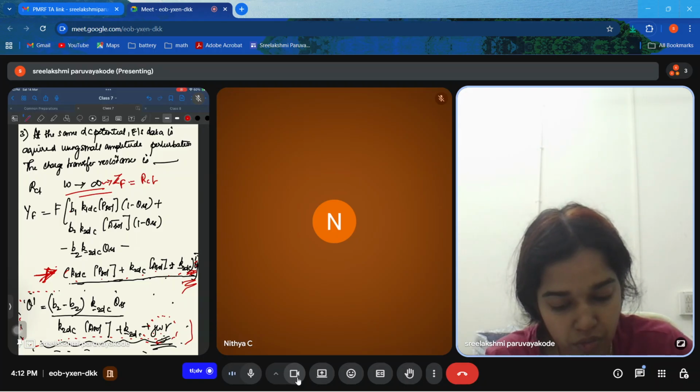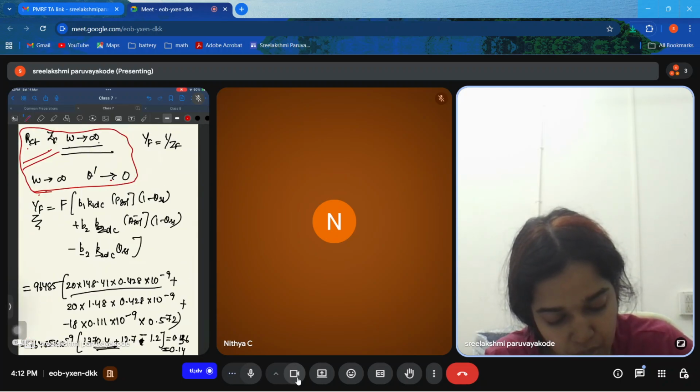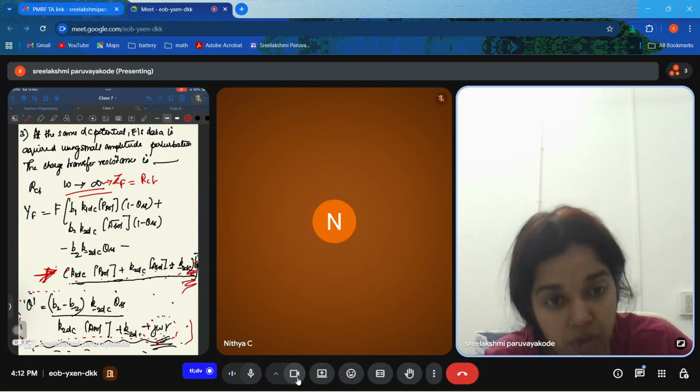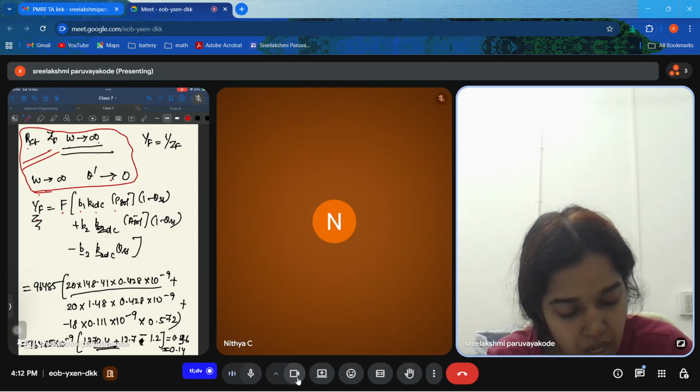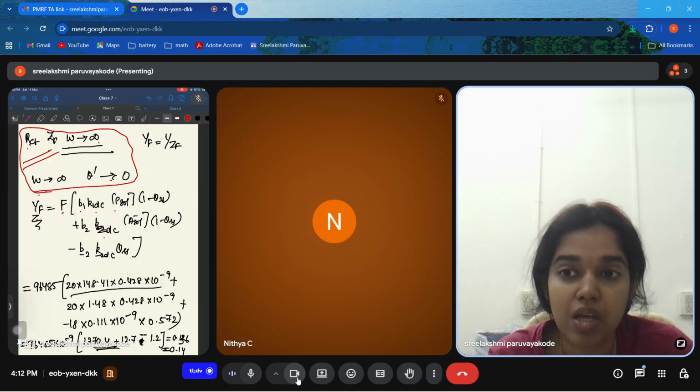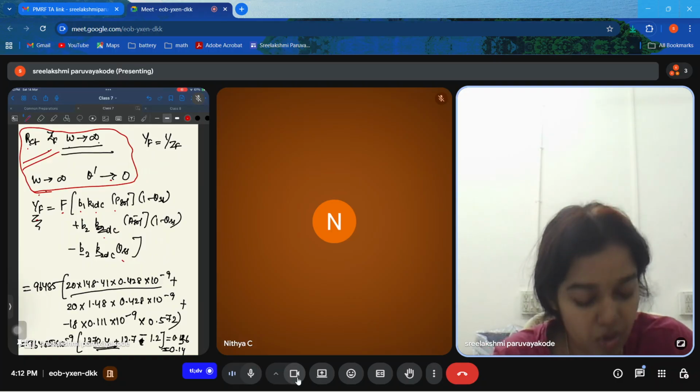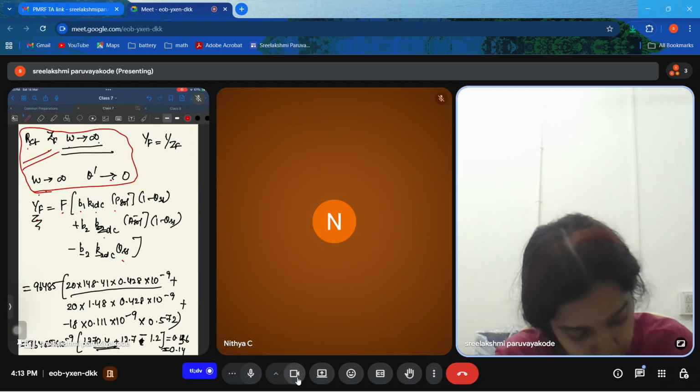Your YF expression reduces to F into V1 into K1 DC P solution into 1 minus theta SS plus B2 into K2 DC into A solution into 1 minus theta SS minus B minus 2 K minus 2 DC theta SS. First substitute all the values and find out what YF is.